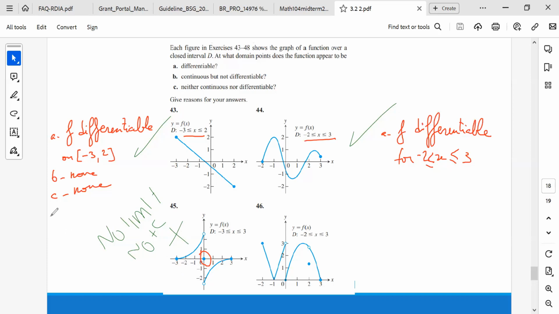So هنا for this third example, f is differentiable for x greater than or equal to -3 and less than 0, and x greater than 0 and less than or equal to 3. لأن عندنا المشكلة هنا في البوينت 0. Where continuous but not differentiable? ما فيه.